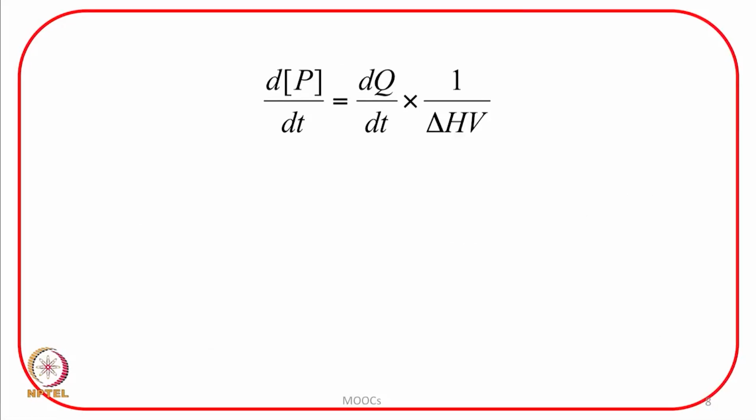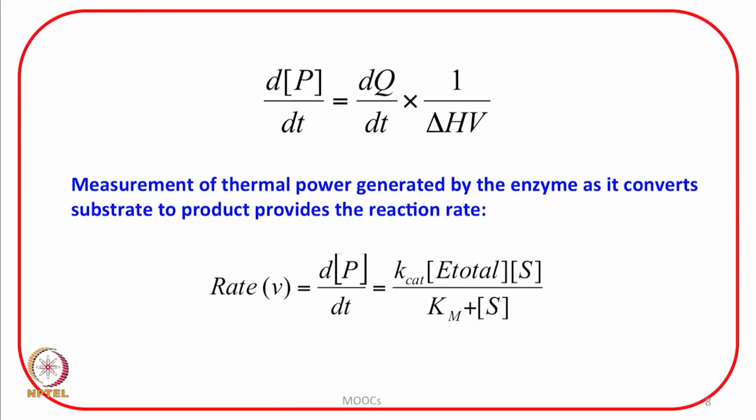So, you remember that we just derived this equation, dP by dt is equal to dq by dt into 1 over delta H into V, and dP by dt we have also just now derived is equal to K cat, the rate constant, which is same as K2 as we discussed earlier, into E total into the concentration of substrate over Km plus S. And now you see dP by dt can be evaluated from dq by dt.